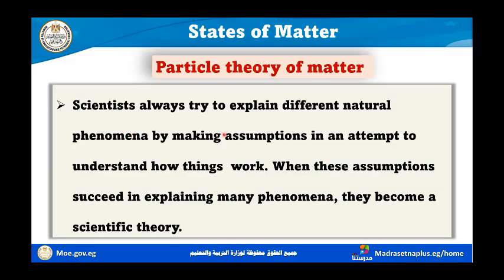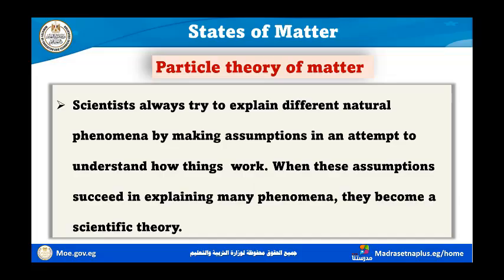Scientists always try to explain different natural phenomena by making assumptions in an attempt to understand how things work. When these assumptions succeed in explaining many phenomena, they become a scientific theory. So, what is meant by a theory?